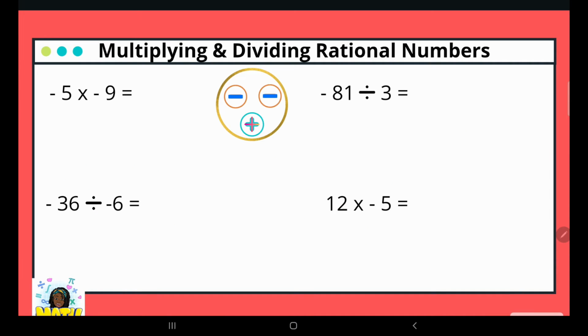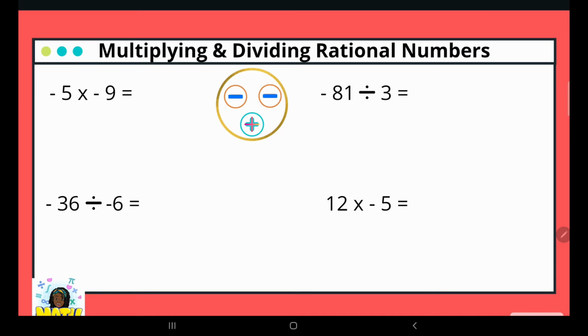Now let's take a look at a few examples. So here I just have one of the faces located because we can use this pretty much. So if I have the same signs and I kind of cover these two, I see that it's positive. And if I have the different signs and I cover these two, then I see that my answer would be negative. So let's go ahead and try these examples.